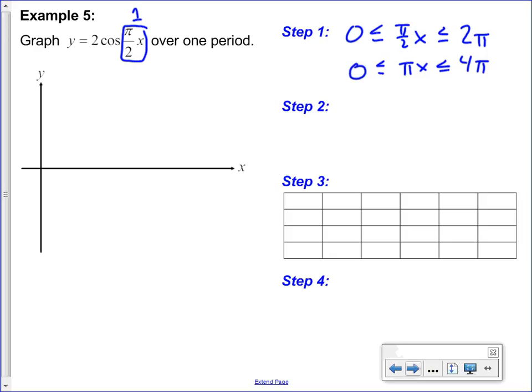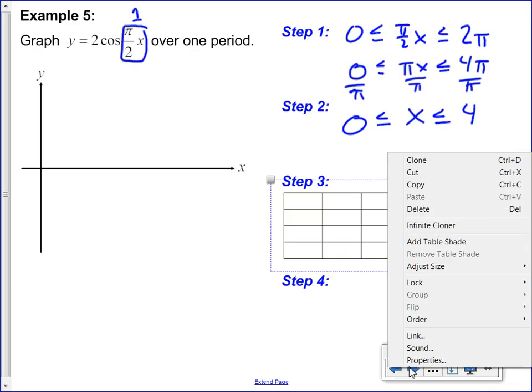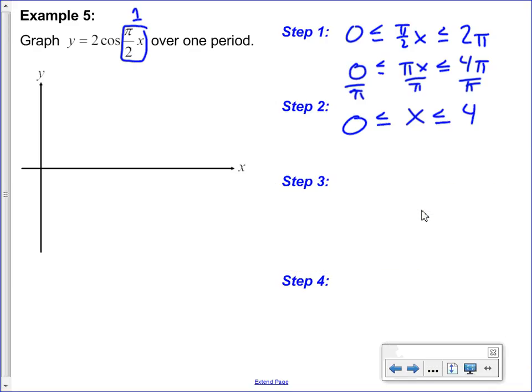Because to get the x by itself, you divide by pi, right? So when you divide by pi, it's 0 less than or equal to x less than or equal to 4. Yeah, that one's an easy one. There's no pi in this one.